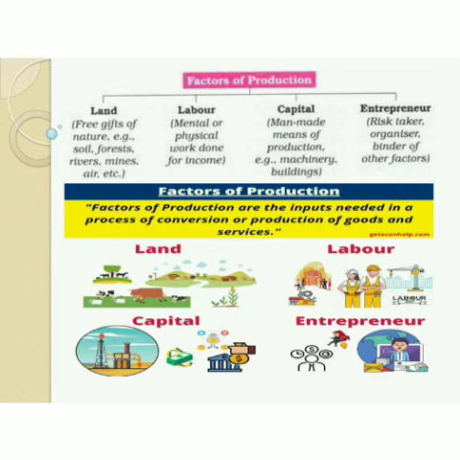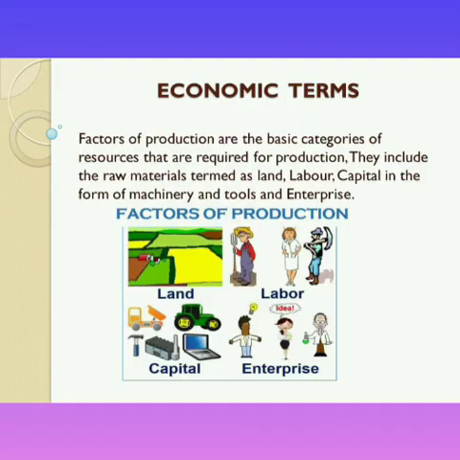It may work out, it may not work out, it may get sold, it may not get sold, you may earn a profit or you may earn a loss. That risk of production is taken by the enterprise. They also take the responsibility of organizing the land, labor and capital, put them together, pay them, and distribute the goods and services. That aspect is known as enterprise.